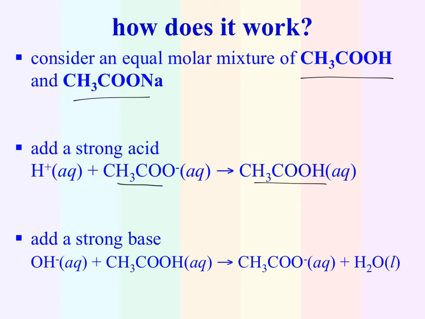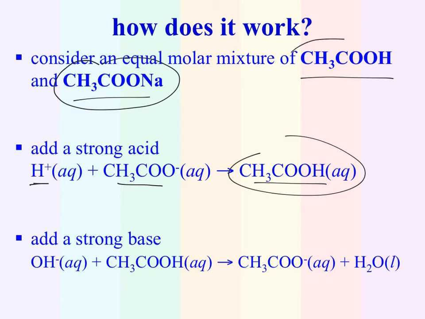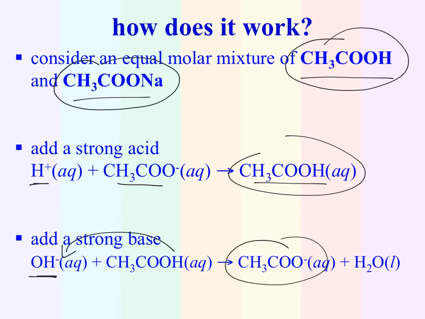If I add a strong acid to the solution, what's going to happen is that the acetate ion is going to step up and interact with the H plus and subsequently produce more acetic acid. Okay, if I add strong base, on the other hand, the acetic acid is going to step up and react with the hydroxide ion by subsequently transferring a proton and basically give us acetate and water.